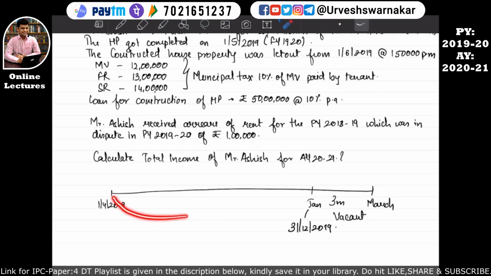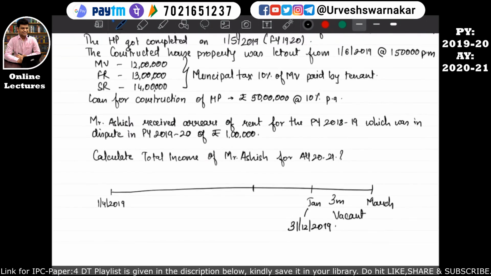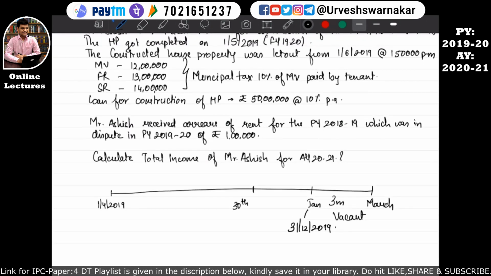Between this period, the tenant did not pay the rent for 2 months. So the actual rent was received only up to 30th October. For November and December, no rent was received from the tenant.